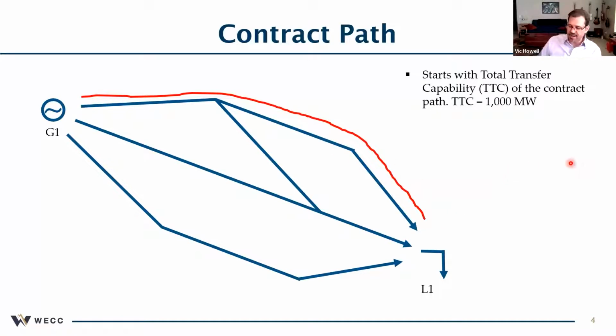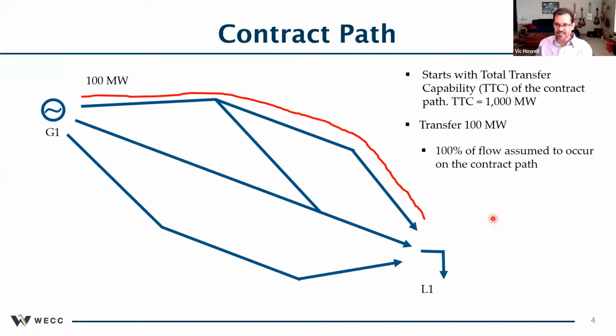Once you establish the TTC, or the total transfer capability, then you say, okay, now that I've established that, I want to actually move 100 megawatts from this generator 1 over to this load 1. The way that's done, according to the contract path method, is we make that agreement, and it is assumed that 100% of that flow moves along this contracted path.